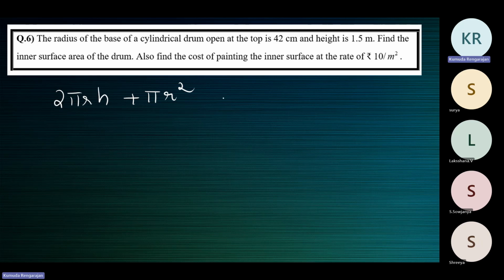The top circle, no, there is no material used because the top is open. So this is the area to be painted, which means this is the inner surface area of the drum. See, curved surface area is different from inner surface area, not to get confused.